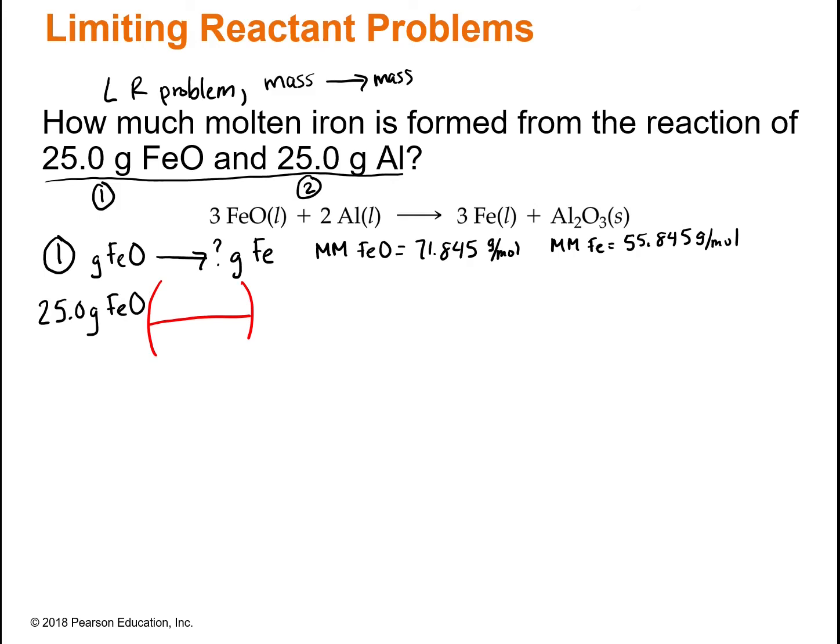We need the molar mass of iron 2 oxide in this case, and the number of grams goes in the bottom. Please be careful when you're putting in your molar masses for a mass-to-mass problem. You have two of them to choose from, so make sure you pair them up properly.